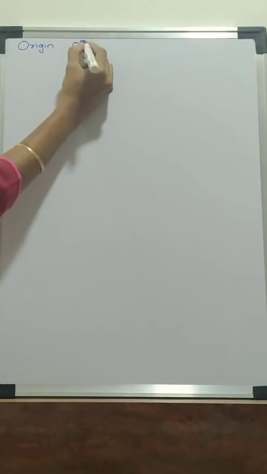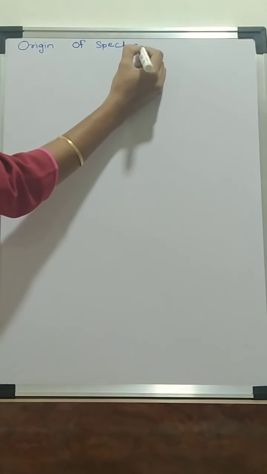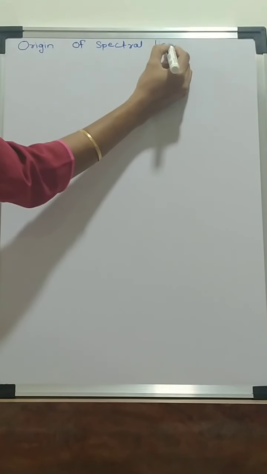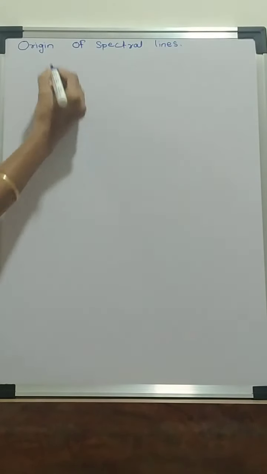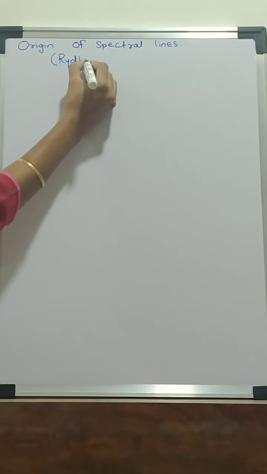Our topic name is origin of spectral lines. Origin of spectral lines. In this we have to derive Rydberg's constant.